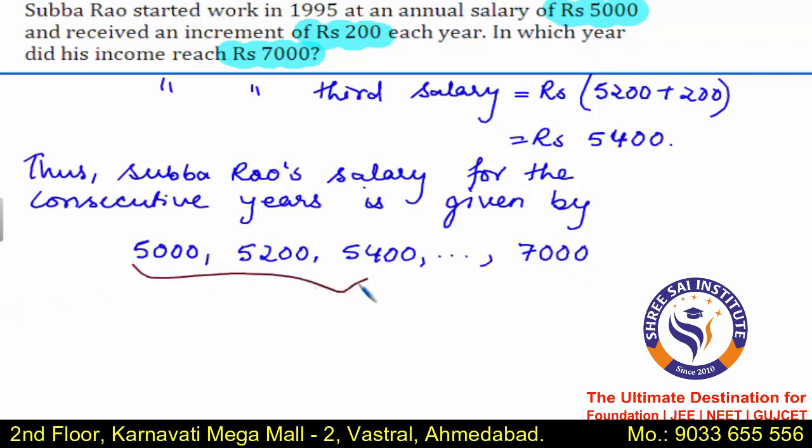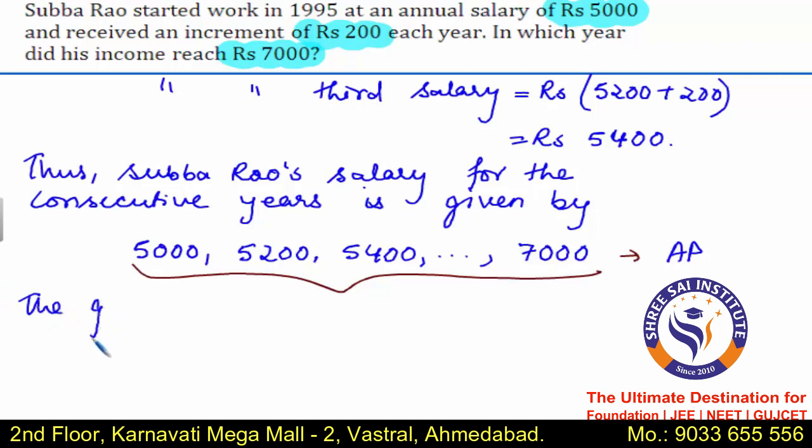Now this list of numbers is an AP, since the common difference between two consecutive salaries is rupees 200, since he received an increment of rupees 200 each year.